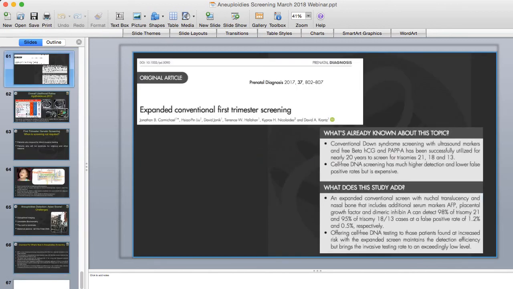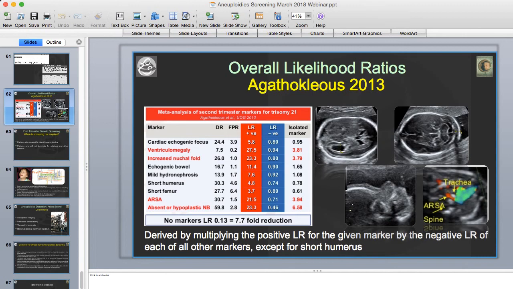Now, moving on to the next bit, which is the fact that we are changing. We do understand that we also have a change of the second trimester markers, which means that whereas previously we used to have the Nicolaides method or the Benacerraf marker method of present or absent, we now have a meta-analysis by Agathokleous in 2013, which has replaced the original set, which is ventriculomegaly, increased nuchal fold, aberrant right subclavian artery, and absent or hypoplastic nasal bone is more important, and the rest is less significant.